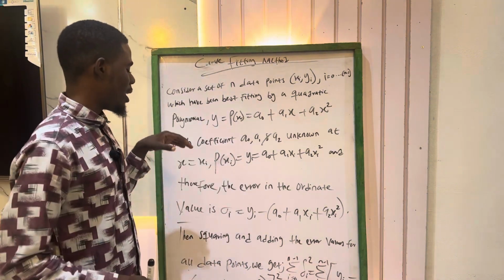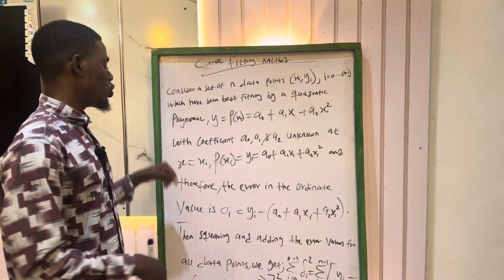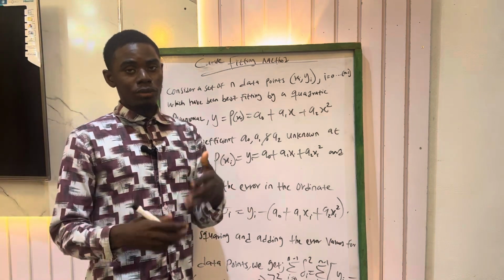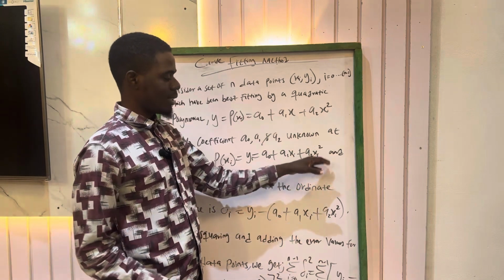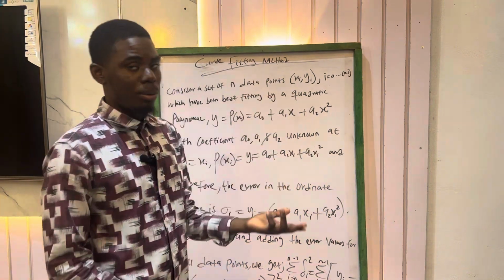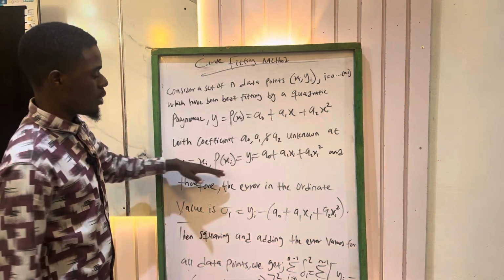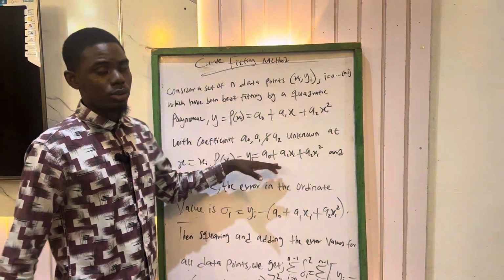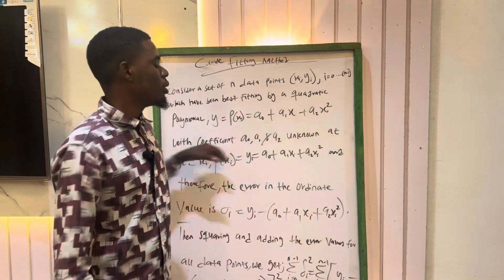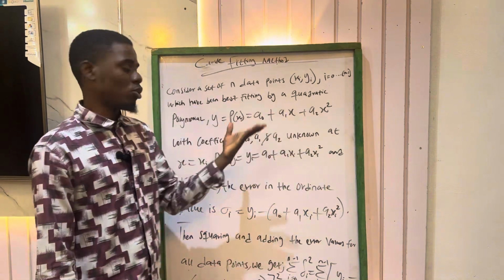This means that yi is also going to be equal to p of xi, which is a naught plus a1 xi plus a2 xi to the second power. If you can get a naught, a1 and a2 and put them back into this equation, then we arrive at the equation that represents this curve.